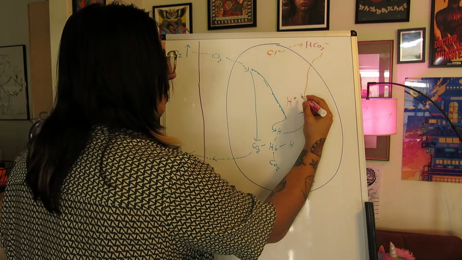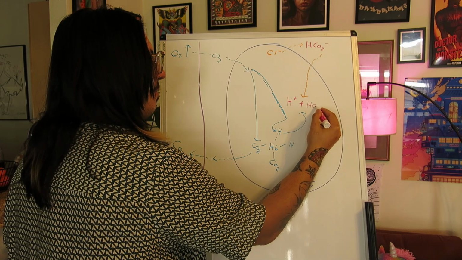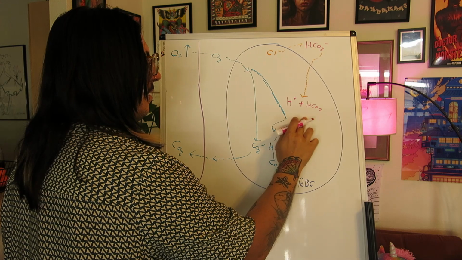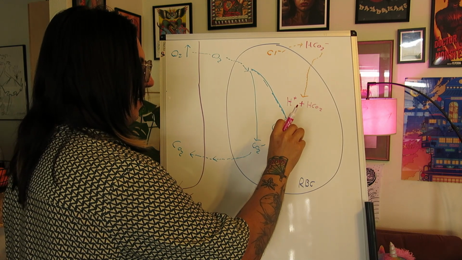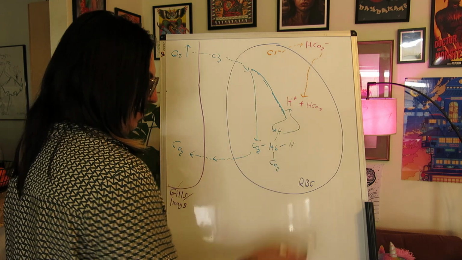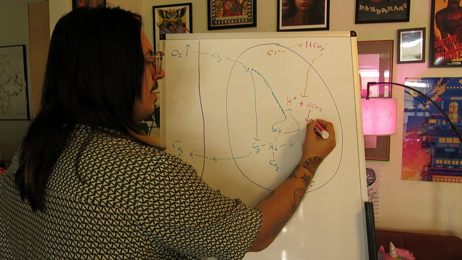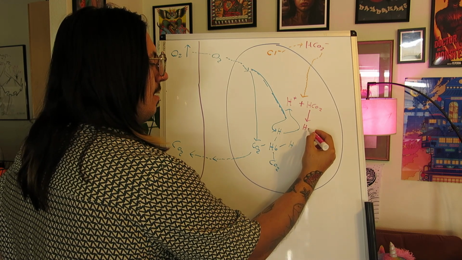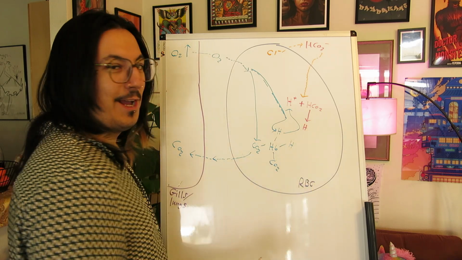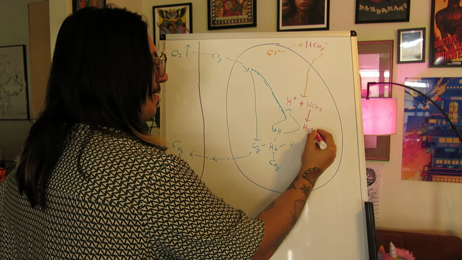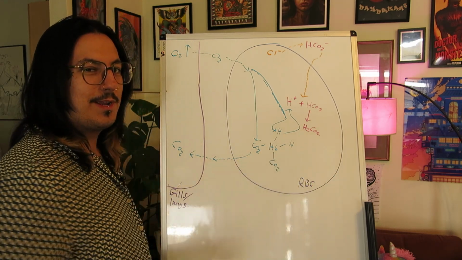And here we're going to react hydrogen ions with bicarbonate, and that's going to give us carbonic acid, our good old friend carbonic acid.